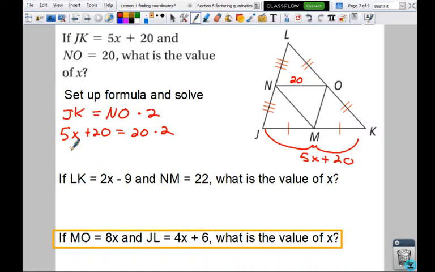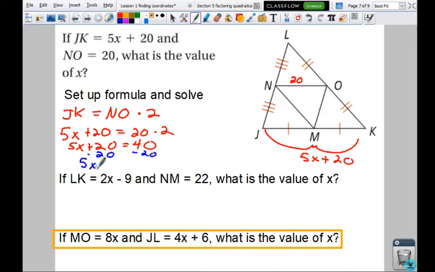So I just need to go through and solve it. First thing, 20 times 2 is 40. 5x plus 20 equals 40. It's just an algebra problem. So if we're going to solve it, what am I doing first? We're going to minus 20 on both sides.